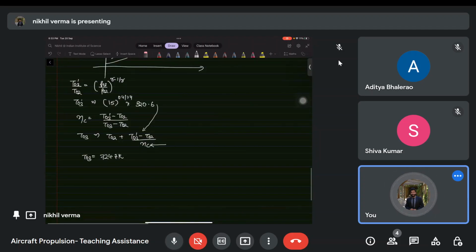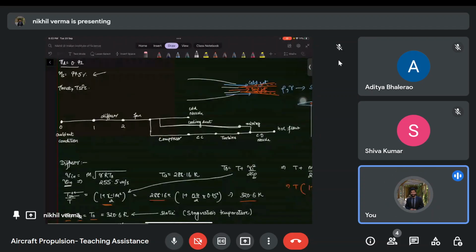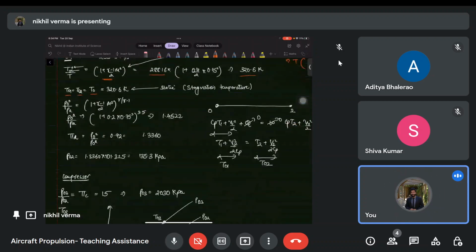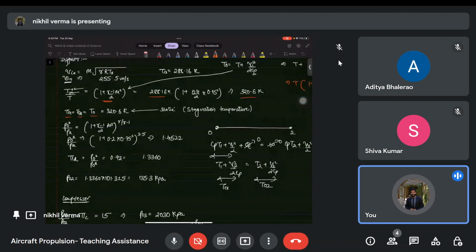Now let us write the values in the equations. This is T naught, which was 320.6 Kelvin. Temperature at this section was 288.16, right? Pressure was 101.3 kilopascals. P naught is 1.4522 times 101.325. Let me get the calculator.